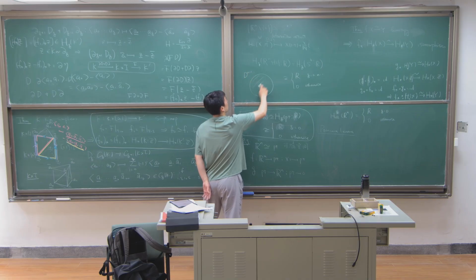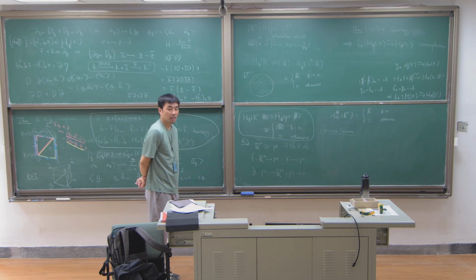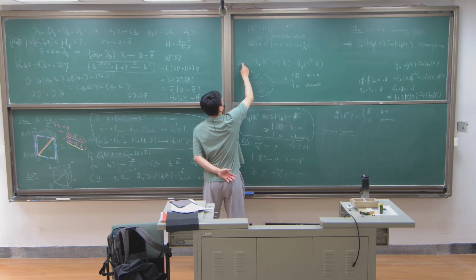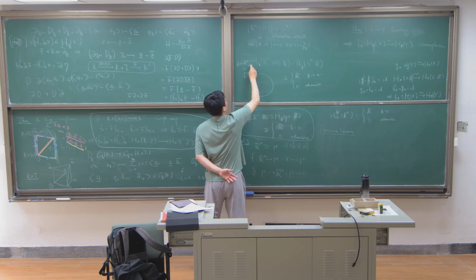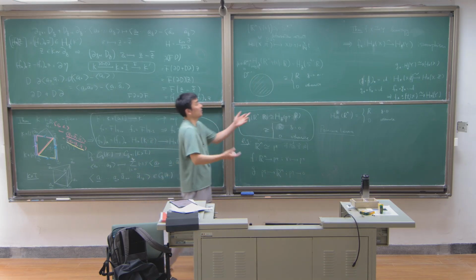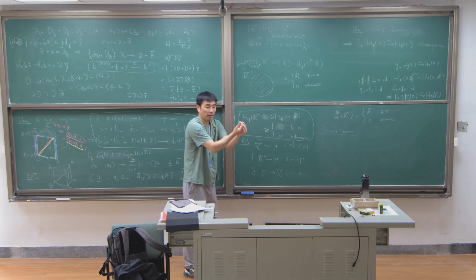The disk is just the set of X inside R n minus 1 such that the norm of X is less than or equal to 1. You consider such a space, and to create Sn minus 1 you shrink all the boundary to a point. Do you understand what I mean?